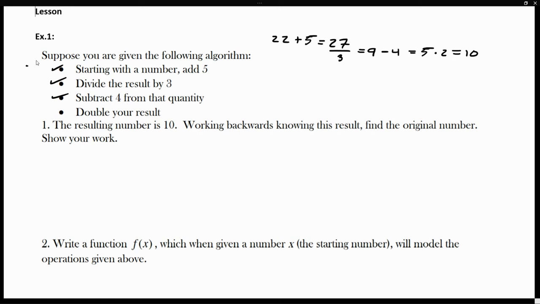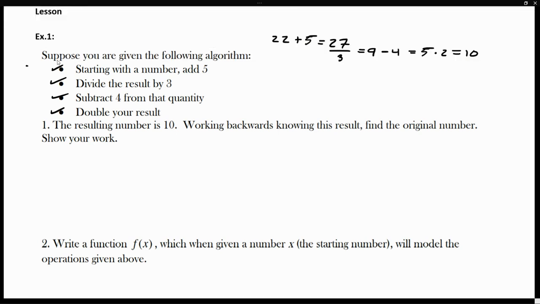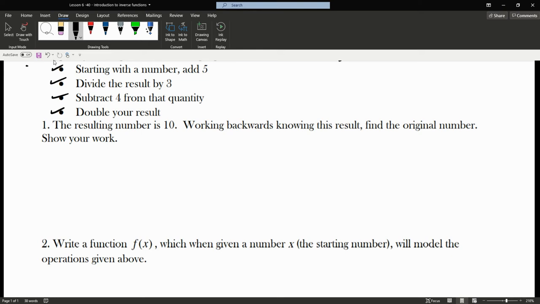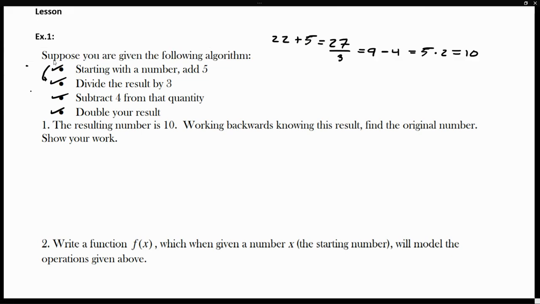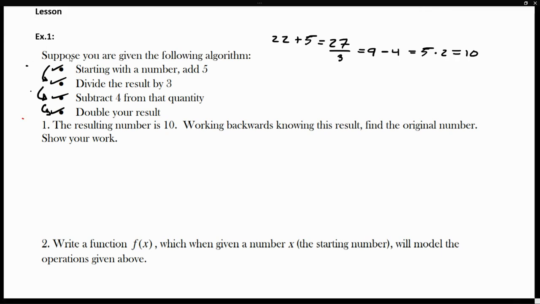So now let's try to work it backwards. Now that we know the result, let's see if we get the original number back. What do we mean by working it backwards? By following these procedures, we follow this direction. Now we want to work backwards, in the opposite direction.